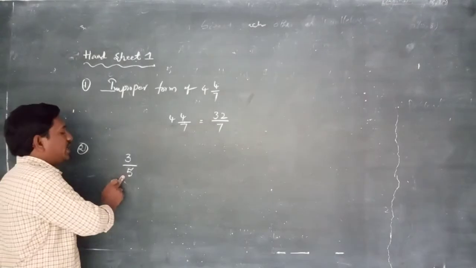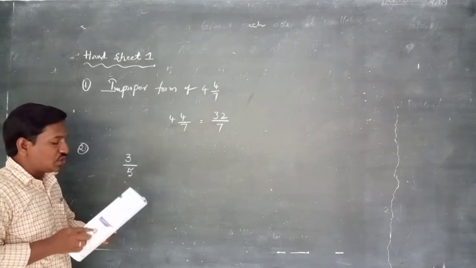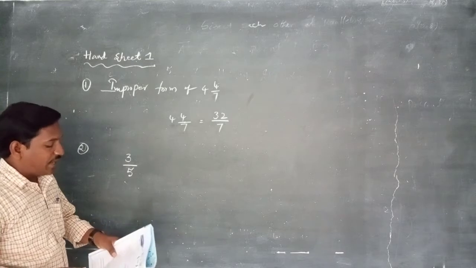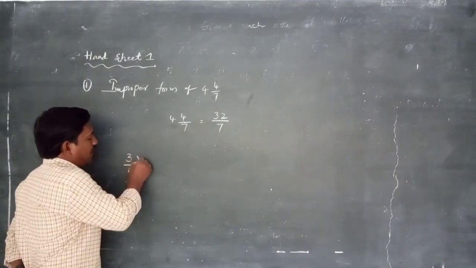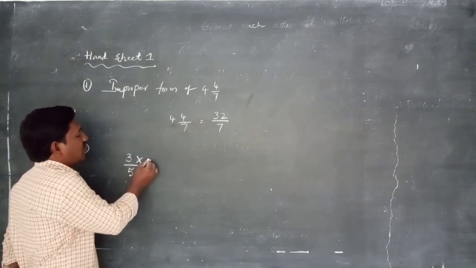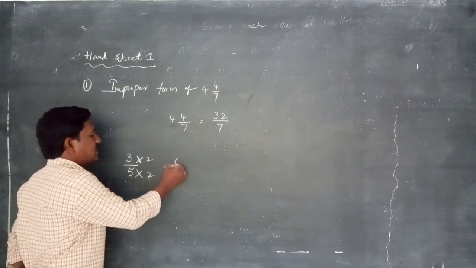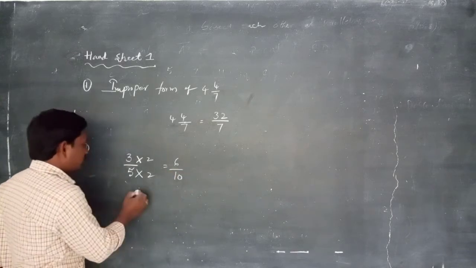Numerator and denominator multiplied by the same positive constant. For example, I multiplied numerator and denominator with the constant value 2. It becomes 6 by 10.